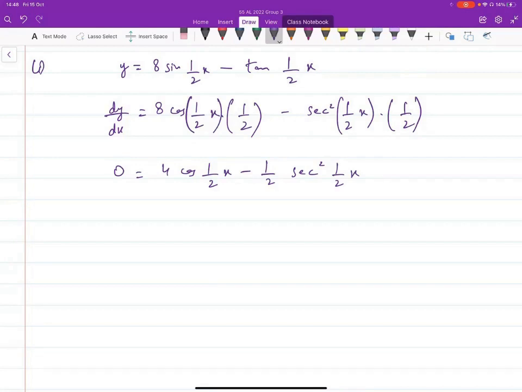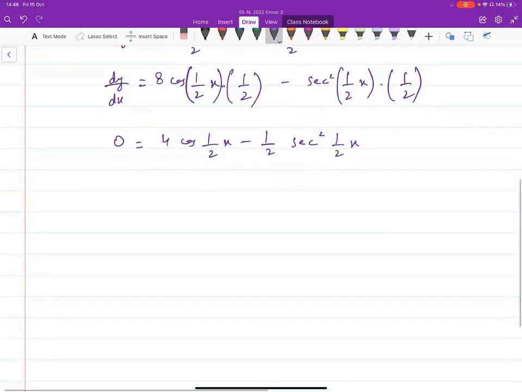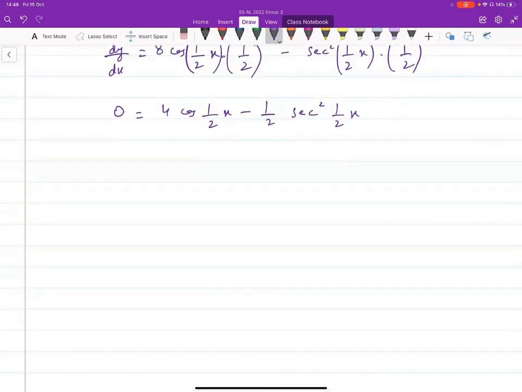It's not a product. Cos इसके ऊपर apply हो रहा है वहाँ पे. So we can't really multiply them. Is that okay? What do we do now? We just solve this equation. इसको कैसे solve करेंगे? We can multiply the whole equation by 2 first, ताकि fractions खत्म हो जाए. That gives us 8 cos half x minus secant square half x.